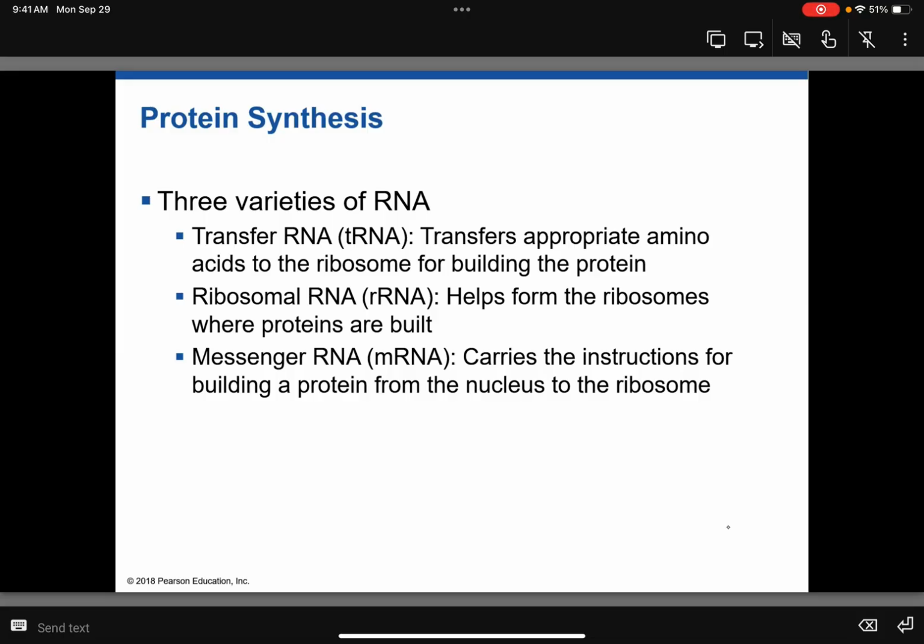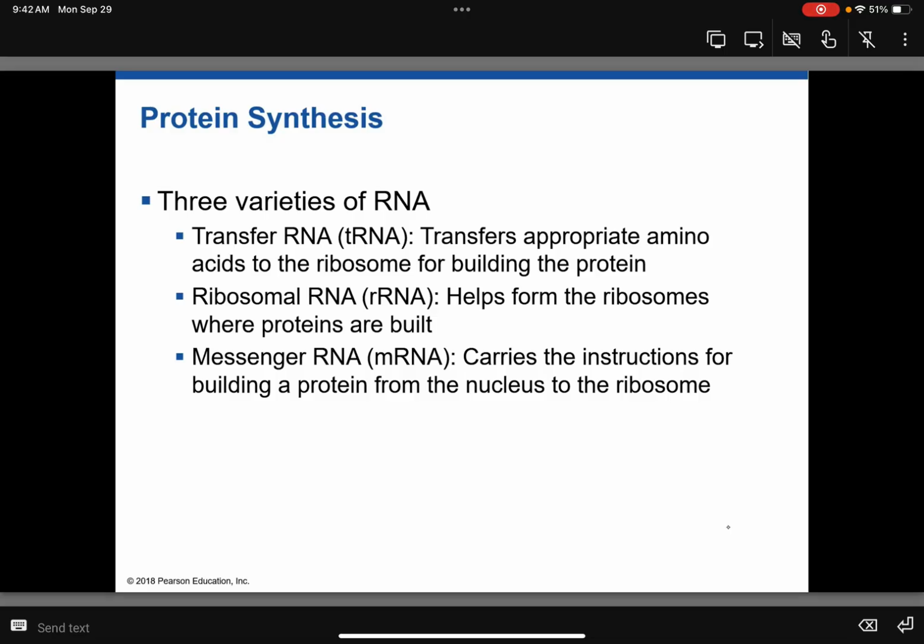Ribosomal RNA, rRNA, helps form the ribosomes where proteins are built. And then our messenger RNA carries the instructions from the nucleus to the ribosome. So it gets the message directly from the DNA. It is a complementary strand of RNA to that DNA strand.